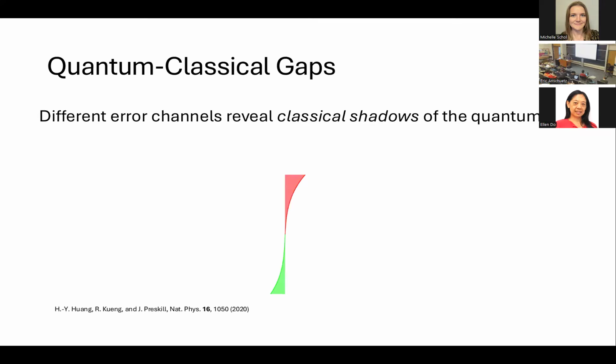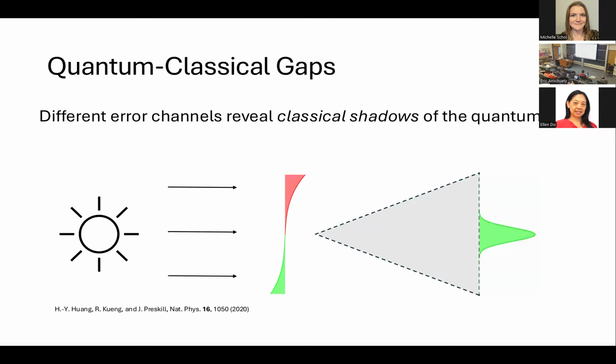At a high level, you can view some error channel being applied to this quantum state, revealing some shadow of this information. It doesn't contain all of the information of your quantum state, but it gives you some idea of what's going on. And if I had a different error channel, I would get some other information out. So these are like classical signatures of your quantum information.